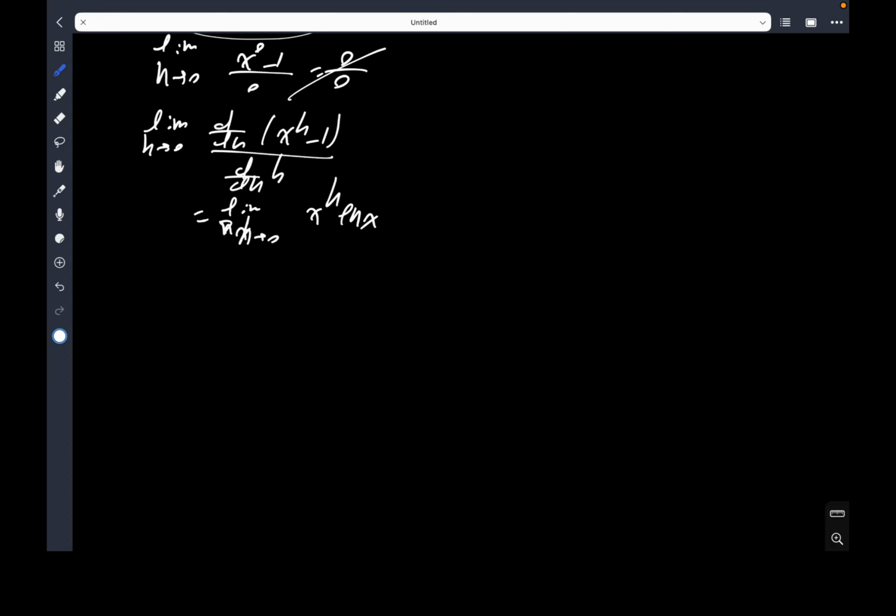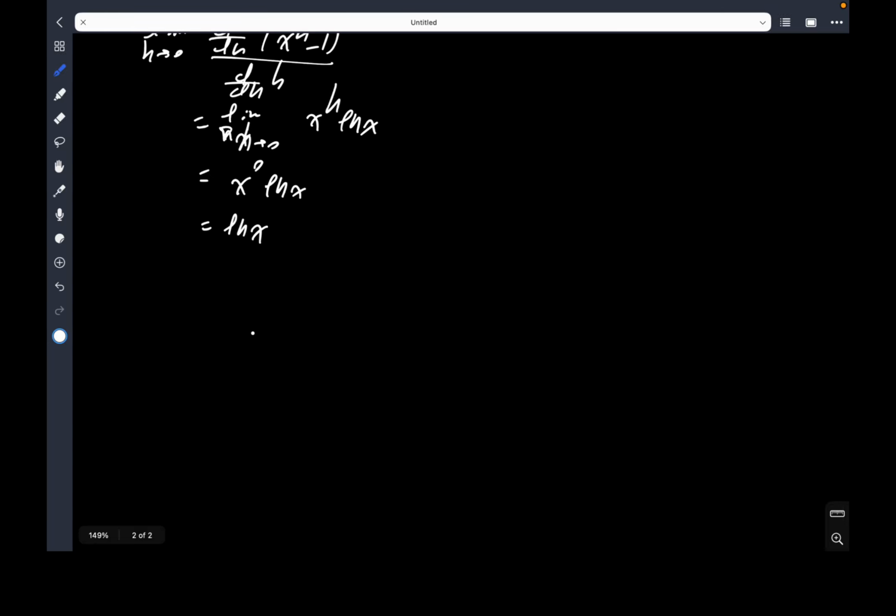And if I now remove the discontinuity, I can plug in 0 for it. Thus it's going to be x to the 0 ln x, which is ln x. Thus the expression here, x to the dx minus 1 over dx, is going to be ln x.